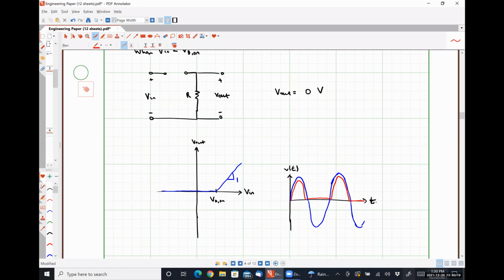Where the peak value of this guy is whatever VN's maximum value is, and the peak value of our output is just VN peak minus VD on. Okay.